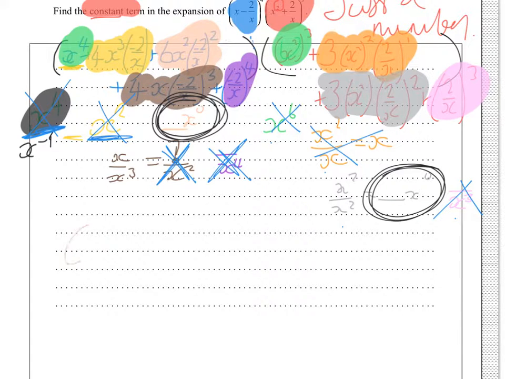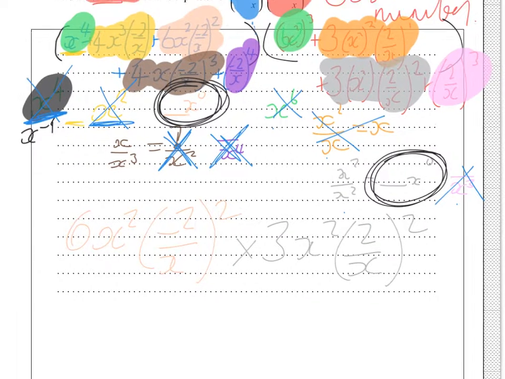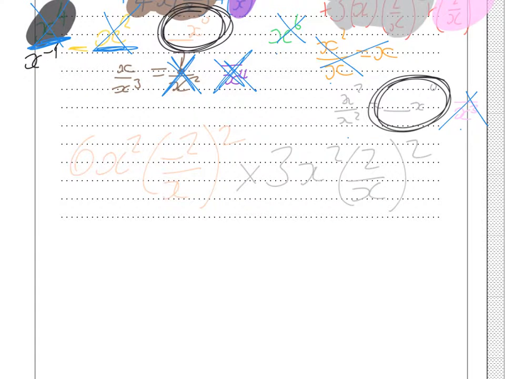So the peach term is 6x squared times minus 2 over x squared, and the grey term is 3x squared times 2 over x squared. So just that gives me 6x squared times 4 over x squared, like that.